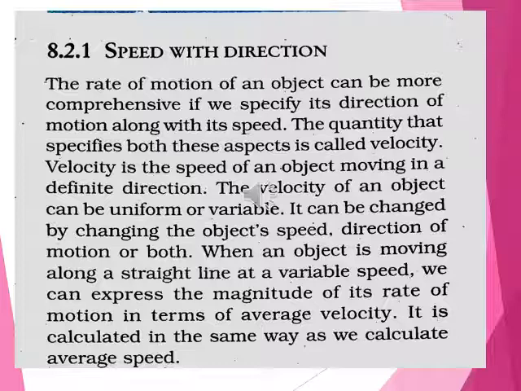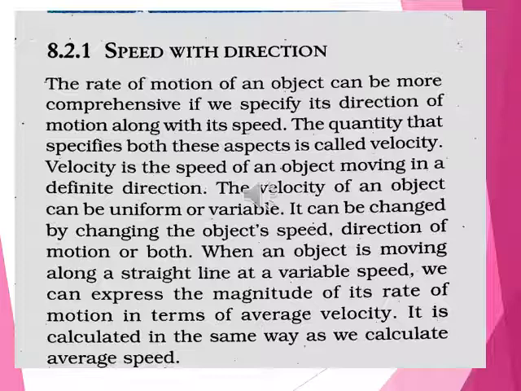The velocity of an object can be uniform or variable. It can be changed by changing the object's speed, direction of motion, or both. When an object is moving along a straight line at a variable speed, we can express the magnitude of its rate of motion in terms of average velocity, and it is calculated in the same way as we calculate the average speed.